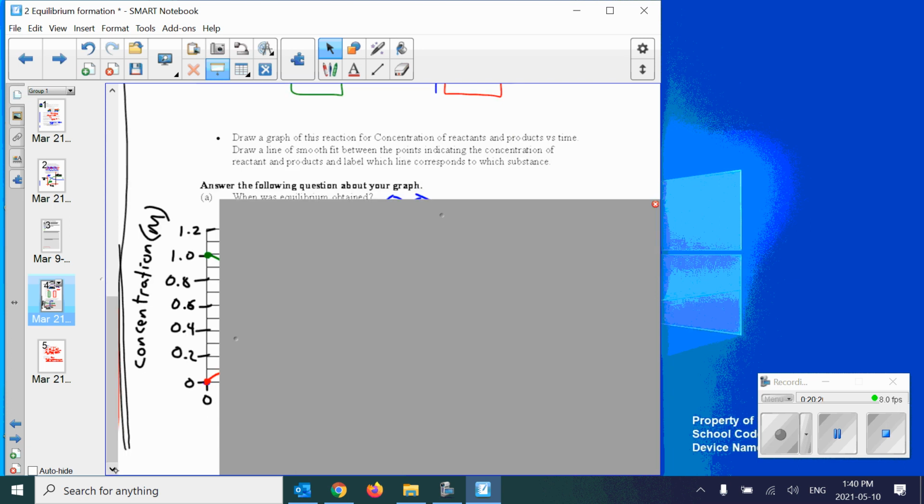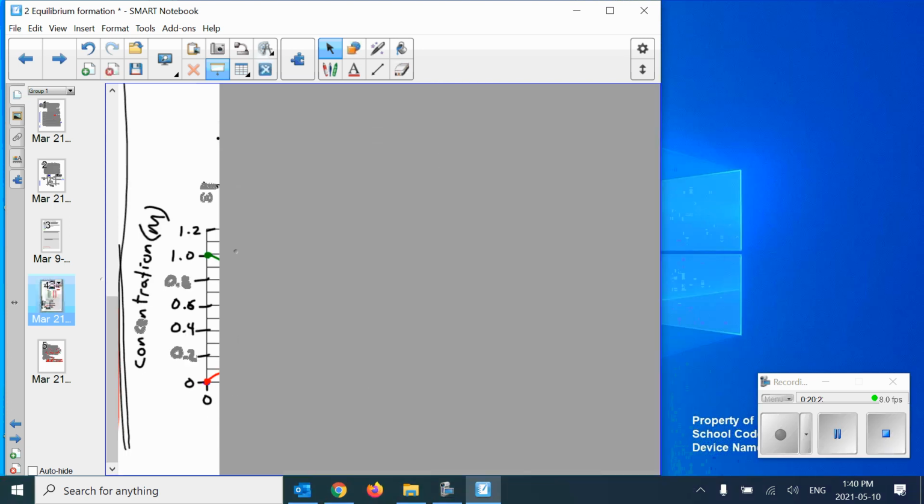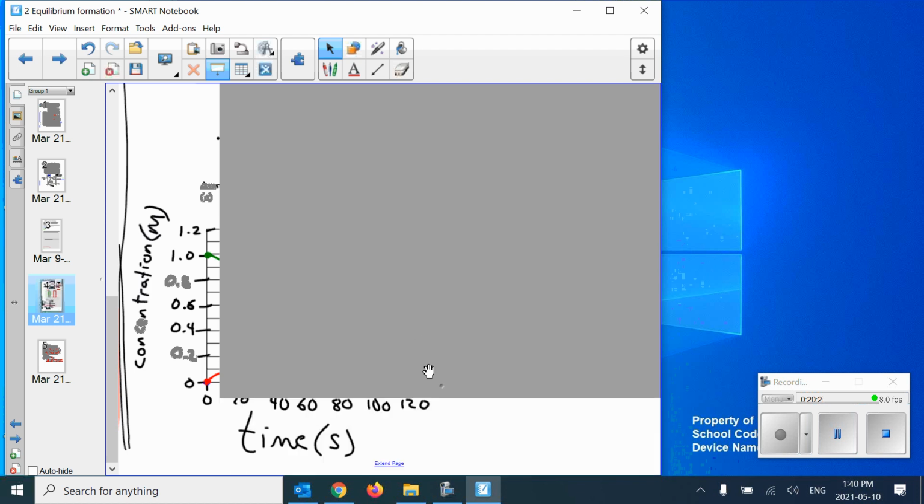Want to see how I set mine up? See how I space mine? You can space yours like that. And then plot your two things. One starts at 0, one starts at 1.0. I'll give you guys a minute or two to plot your graphs, and then we'll compare what I have and what you have.